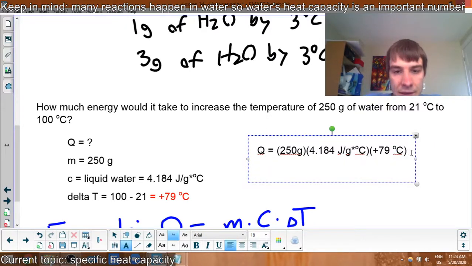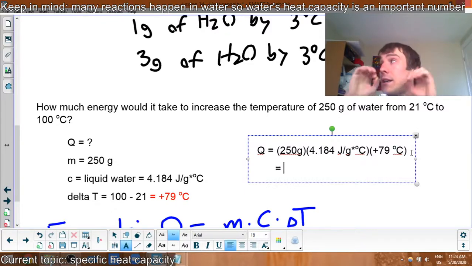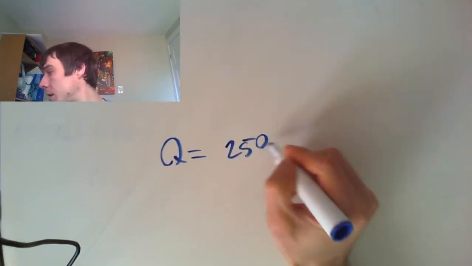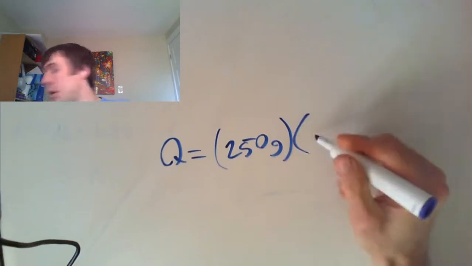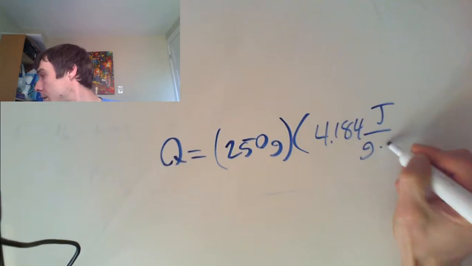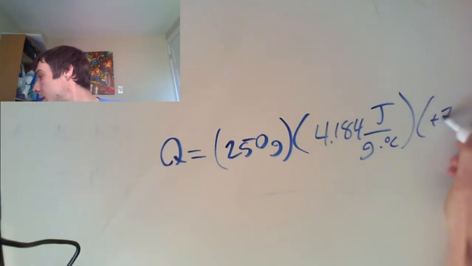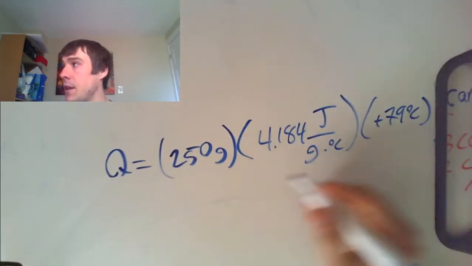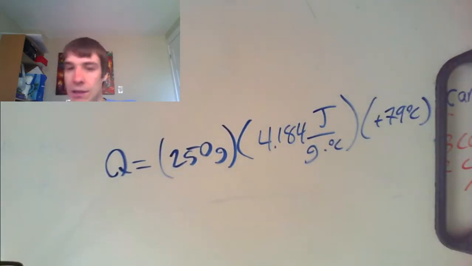Just really quick, a good thing to do here is to check that the units are going to cancel out appropriately. So here's our formula. Q is equal to 250 grams times 4.184 joules per gram degree Celsius times plus 79 degrees Celsius. We want to make sure the units cancel out because we want Q. Q should be in joules.